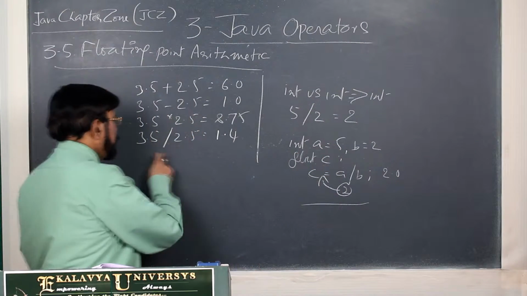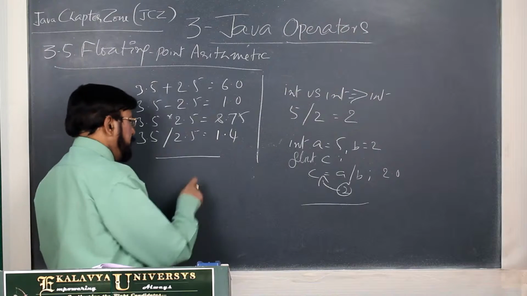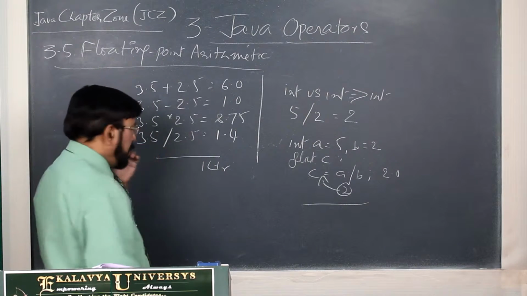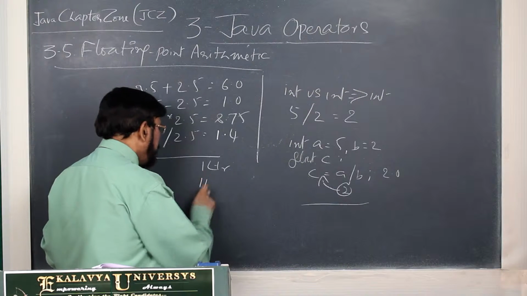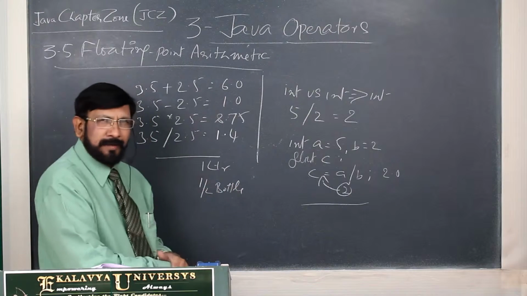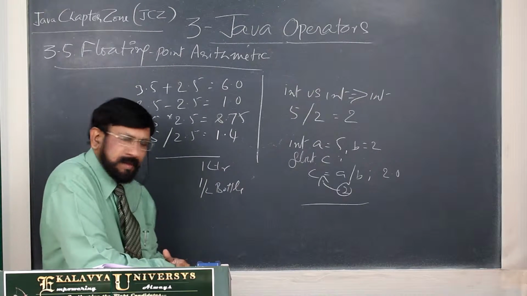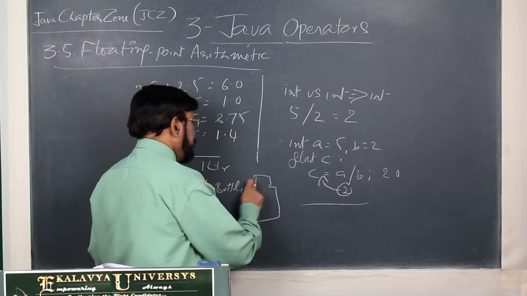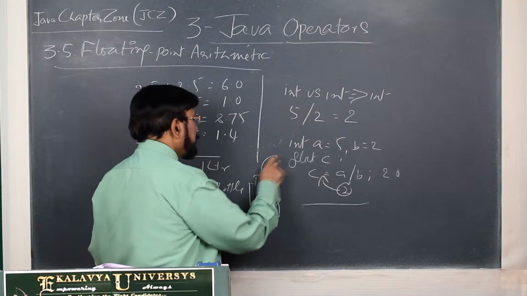Now, you see, you want to purchase 1 liter milk, and you carried a half liter bottle for purchasing the milk. The vendor poured the milk in a half liter bottle.